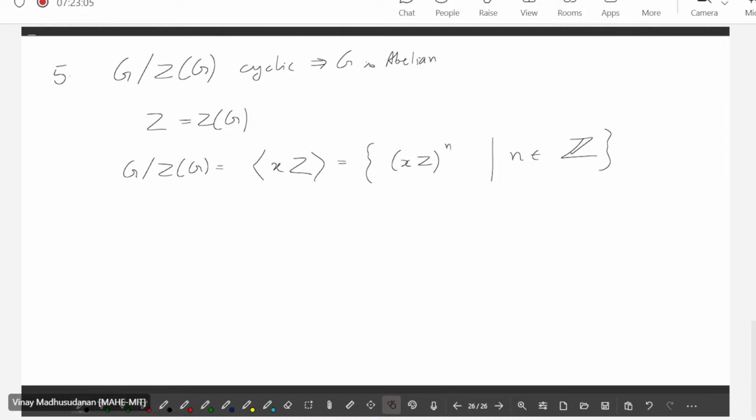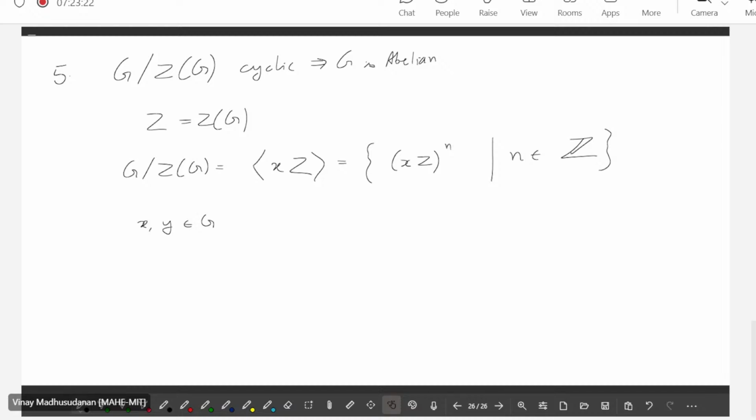So this is the structure of G mod Z of G. That is definitely abelian because it's cyclic. But you need to prove G itself is abelian.